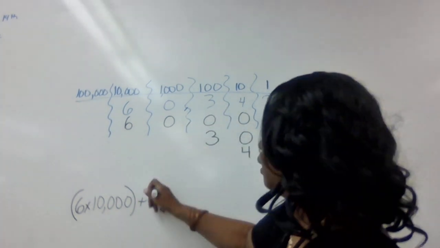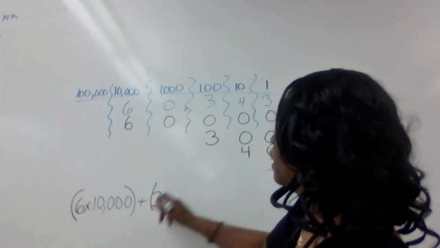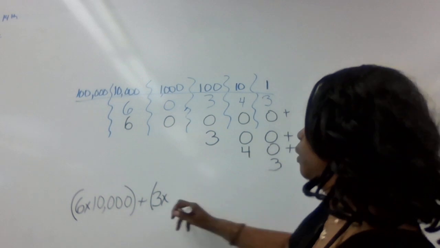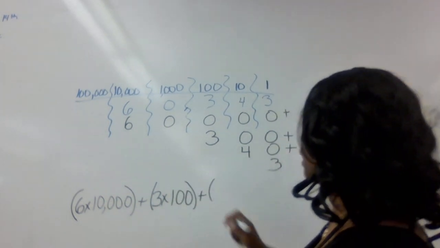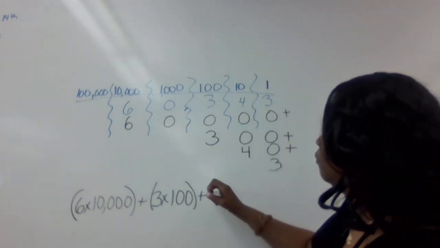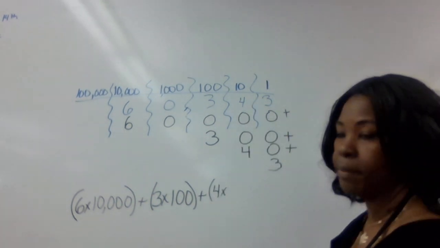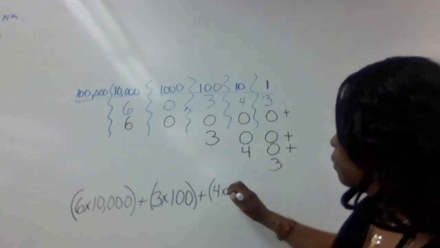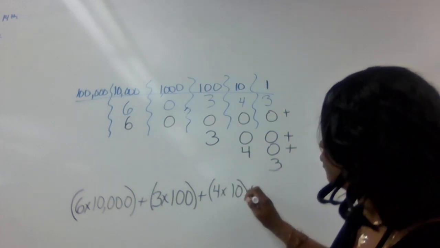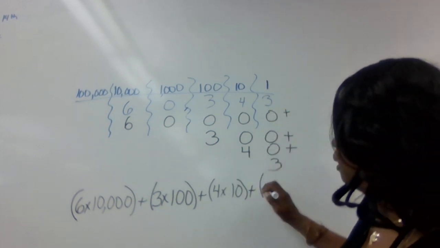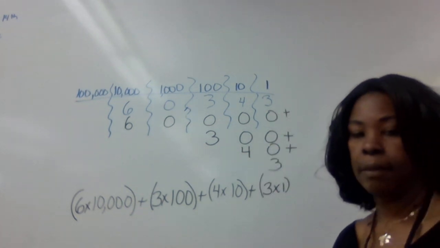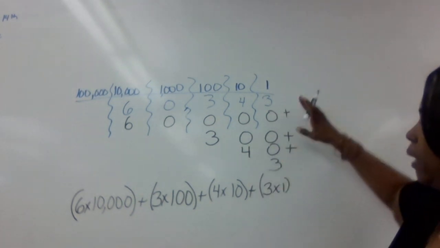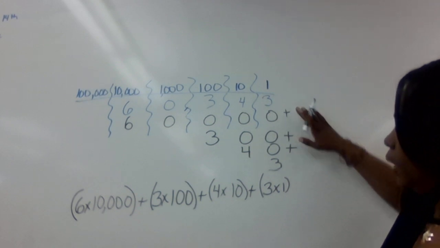So we have 3 times, what place is the 3 in? It's in the 100s place. Plus, what's our next number? 4 times what? Times 10, because it's in the 10s place. Plus 3 times 1, because it's in the 1s place. Okay? So we have expanded form this way and this way.